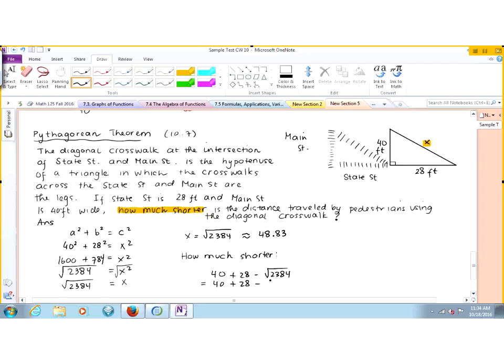Which is 40 plus 28 minus 48.83. Can you give me an approximate here? What is it? 19.17? And the unit? Feet. Sure. Yes? Something like this.